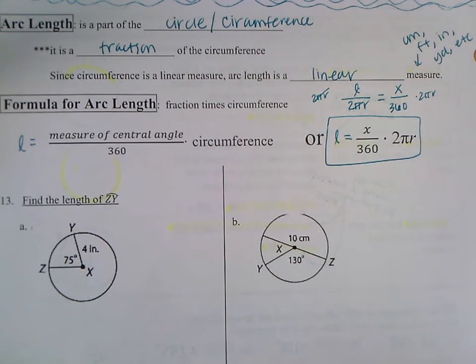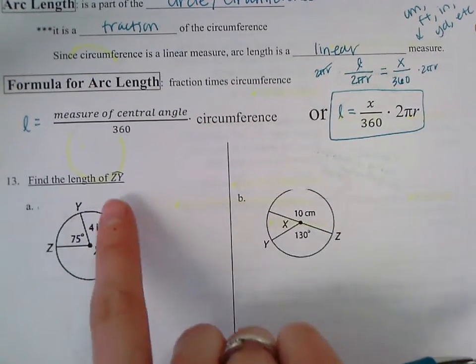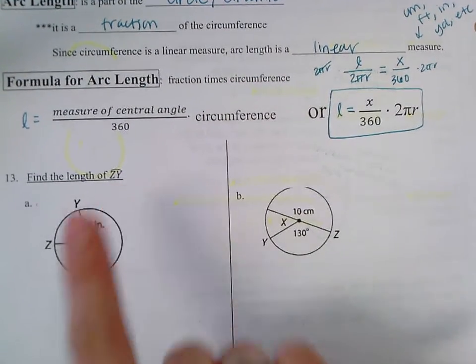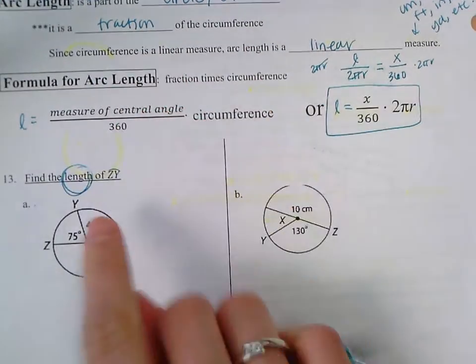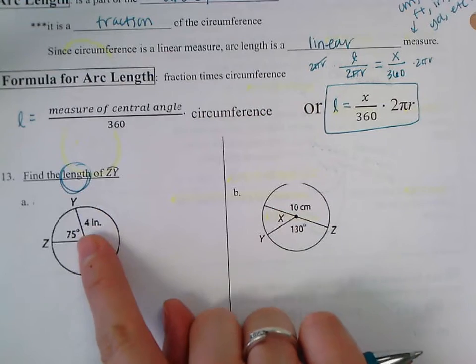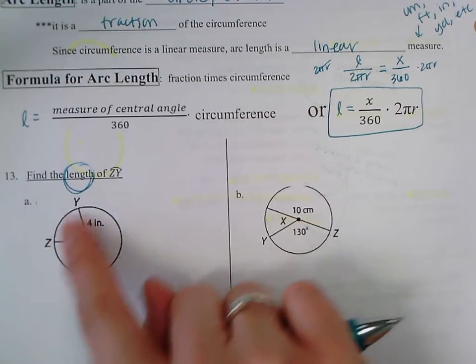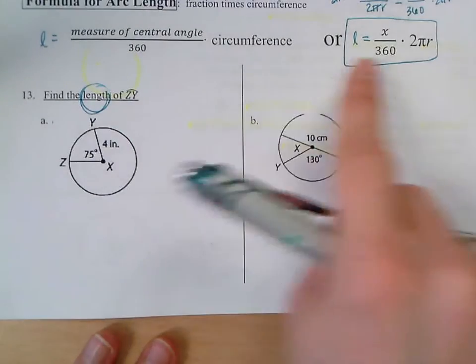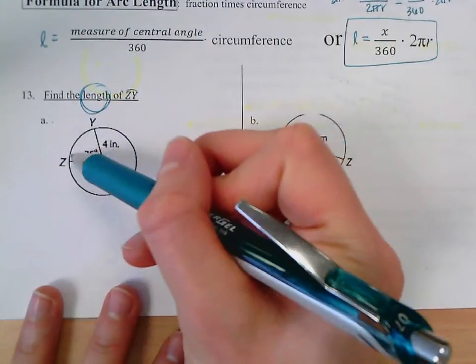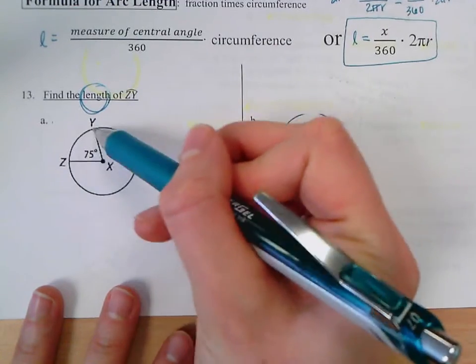So in 13, it says find the length of arc ZY. Again, directions: make sure when you see length that you're not giving me 75 degrees as an answer. You're not finding the measure of it, you're finding the length of it. So using this formula for ZY, it's 2 endpoints, so it's my minor arc here.